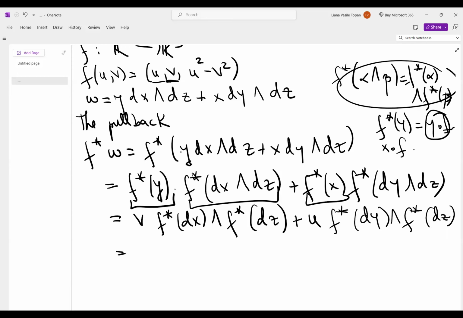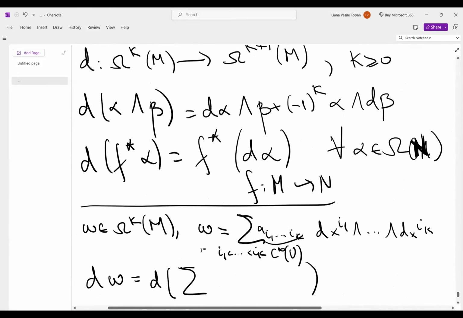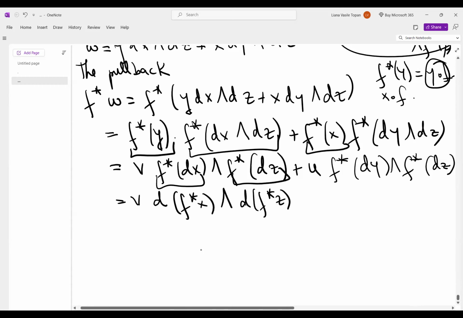Which will be equal to v times f star of dx wedge f star of dz. Remember that f star commutes with d. So this will be d of f star of x, wedge d of f star of z, plus u, d of f star of y, wedge d of f star of z.